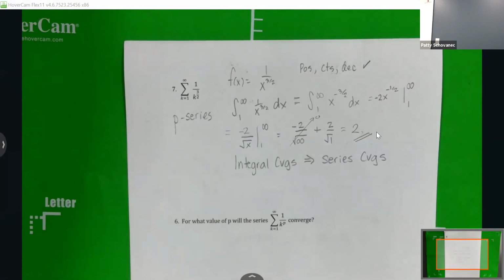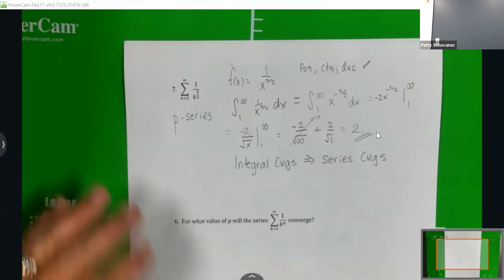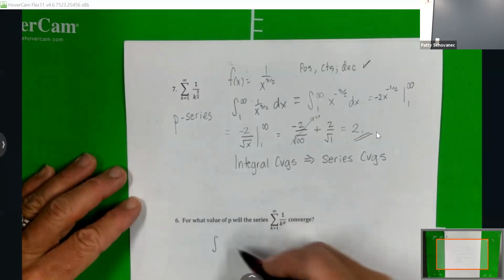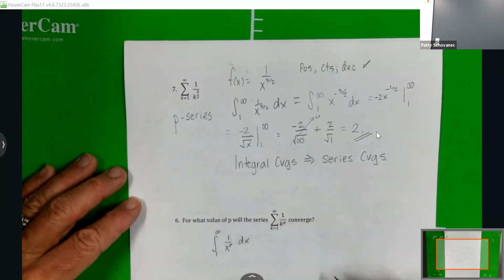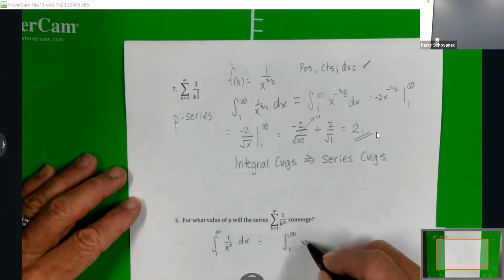My question is, for what value of p will the series 1 over k to the p converge? So let's think about the steps that we did in the integral test. We're integrating 1 over x to the p from 1 to infinity. And we integrate that by writing that as x to the minus p.